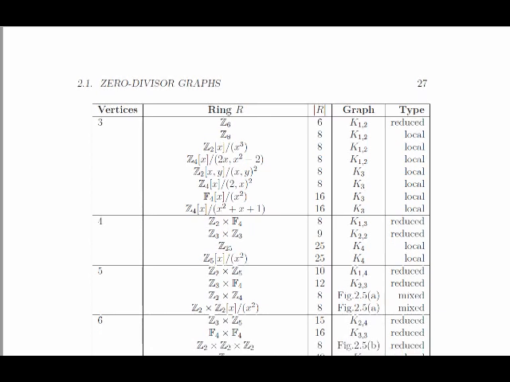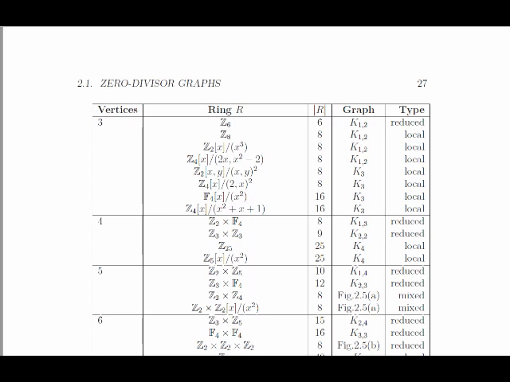So you look at this table here, like the number of vertices 3. Then you want to know all the rings, non-isomorphic rings, of course. If you see this under ring, you see many rings.